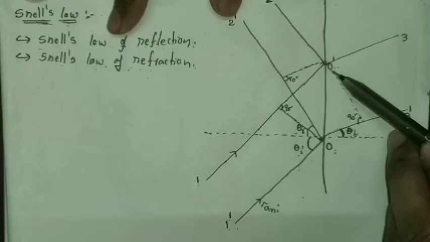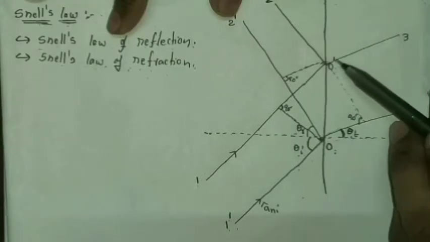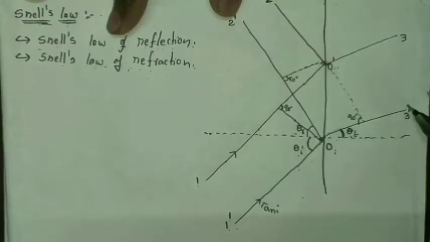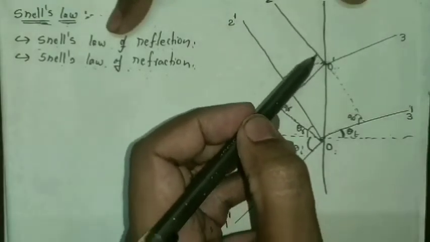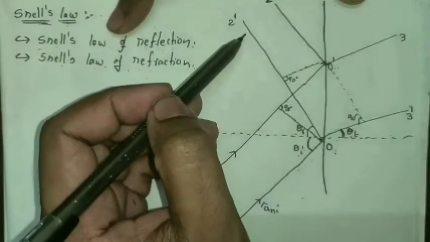After striking the boundary, some part of the electromagnetic wave penetrates into medium 2, and the remaining part of the electromagnetic wave is reflected in the same medium.